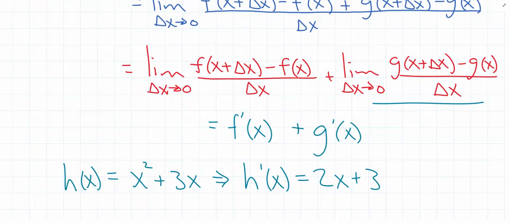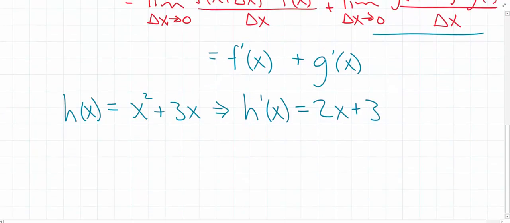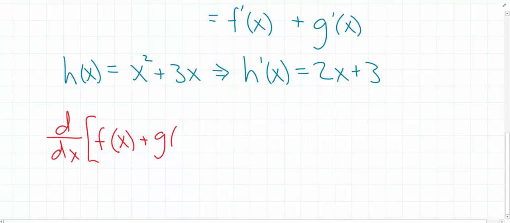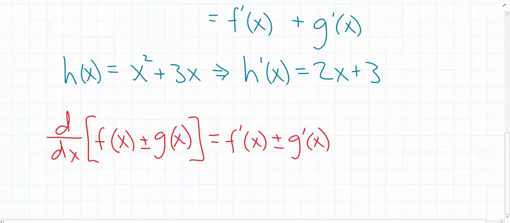So what we've learned is this: if you want the derivative of a sum, f of x plus g of x, and it could be plus or minus, that's just going to be f prime of x plus or minus g prime of x. So that's one of the properties that we've shown here.